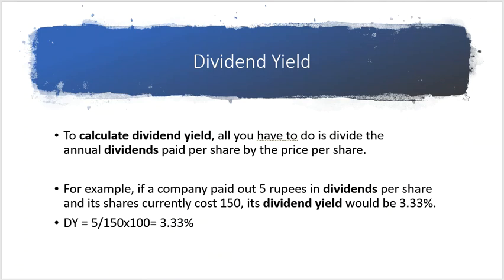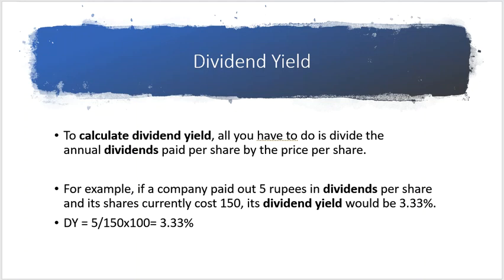Now, to calculate the dividend yield, what we have to do is divide the annual dividend paid per share by the price per share, as was very clear from the formula I shared in previous slides.